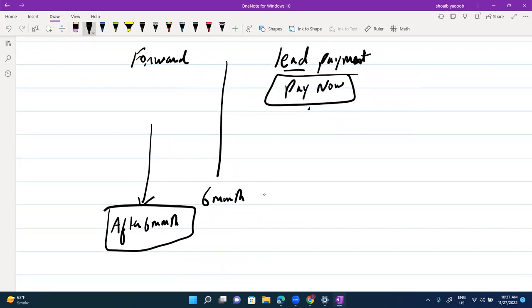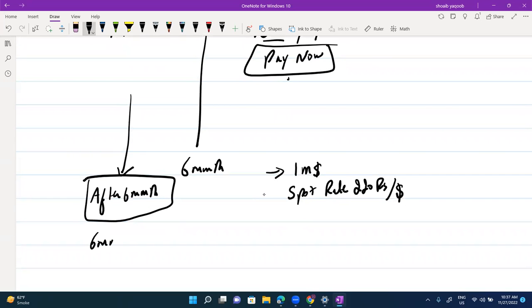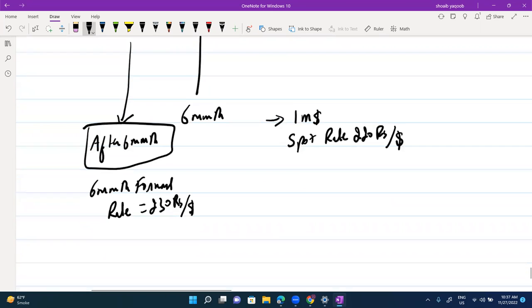For example, if you are in Pakistan and you have to pay $1 million, spot rate is 220 rupee per dollar. 6-month forward rate is 230 rupee per dollar.